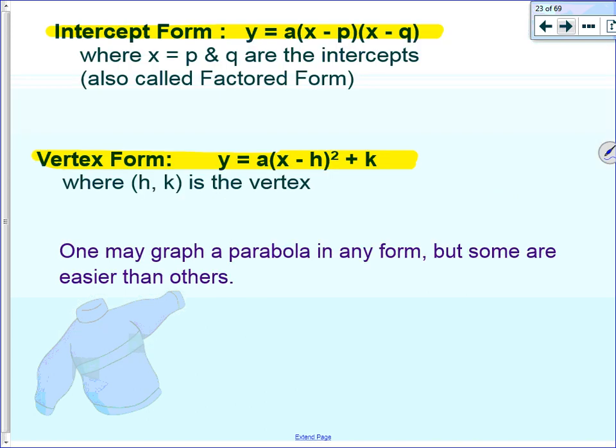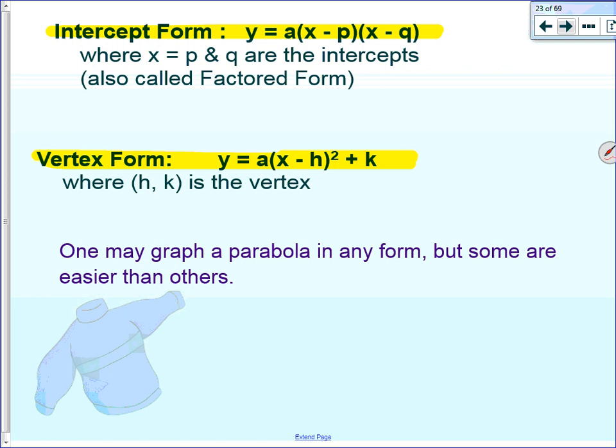So if the graph crosses the x-axis, you can write the equation in intercept form, and it's going to be a lot easier to graph it if you have it in intercept form, if it is able to be factored.